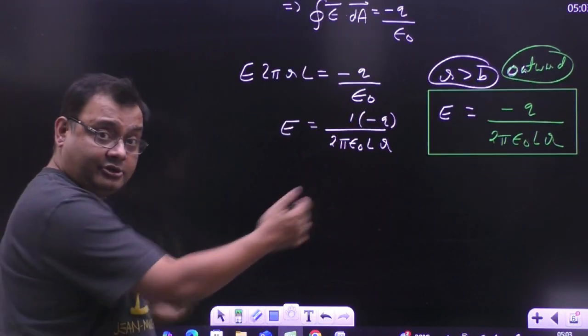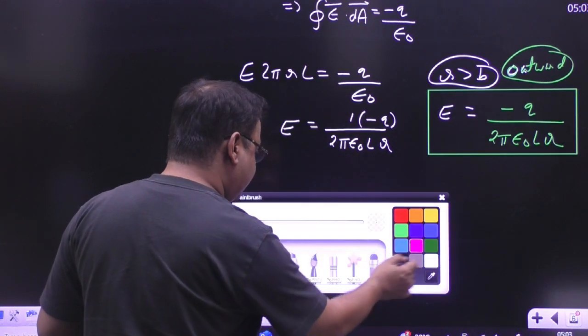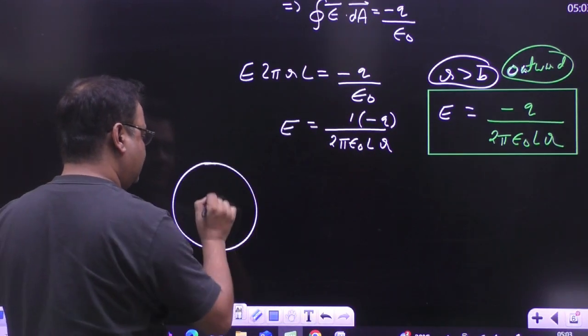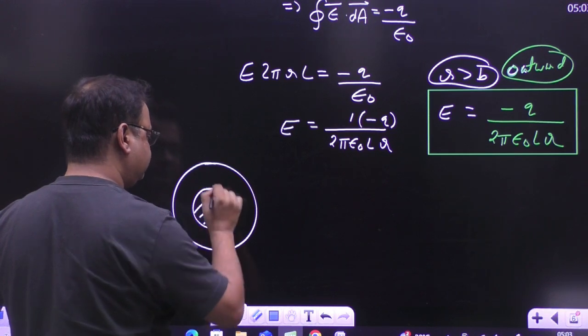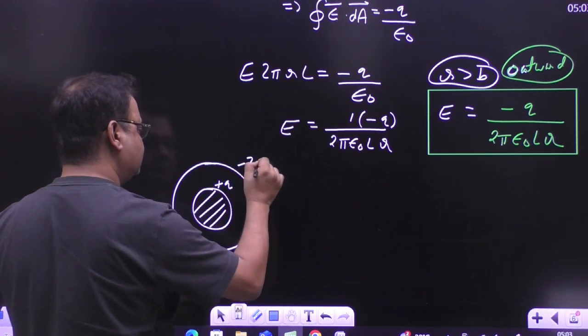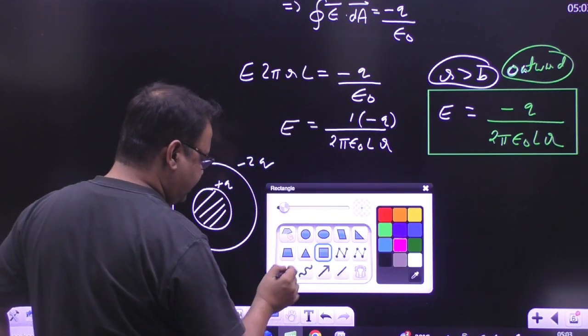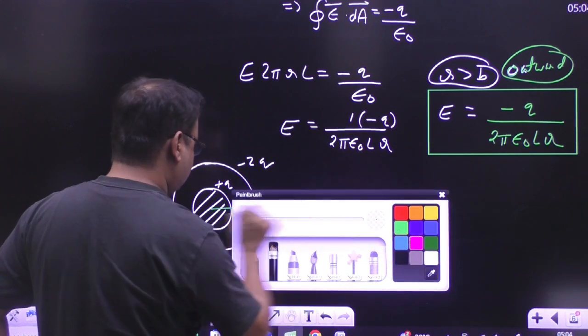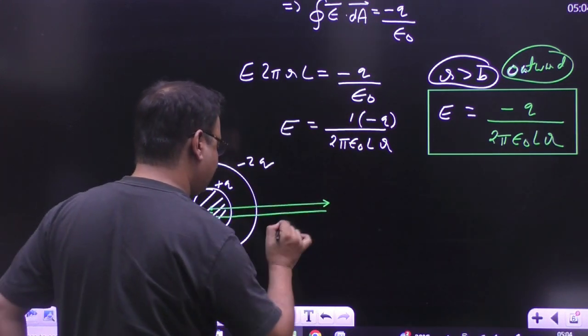Okay, and now see, you can also suppose the answer can be written as the inward model. R is the distance from the common axis, correct? Coaxial.